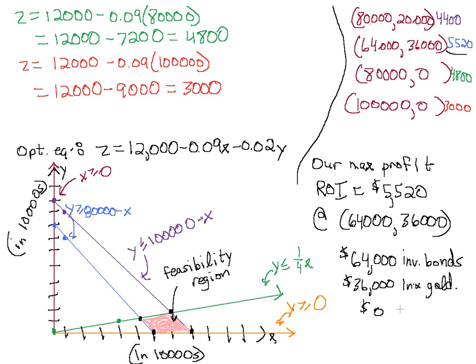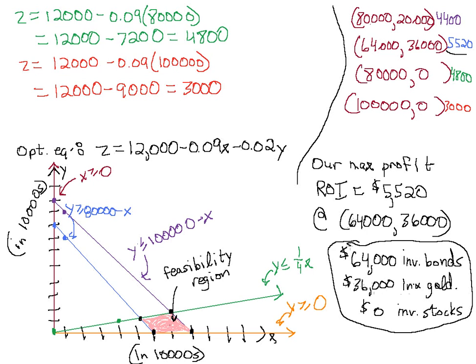We're not investing anything in stocks, the stock market or the index fund. We called it a few different things. So this is actually going to give us the maximal investment return of $5,520 when we use this strategy: $64,000 in bonds, $36,000 in gold, and 0 in stocks.